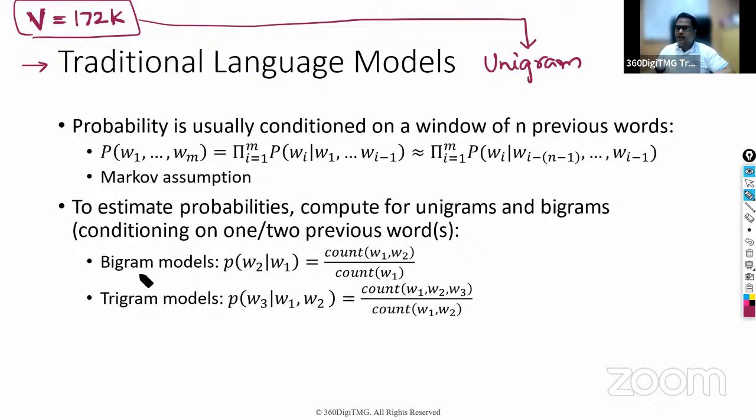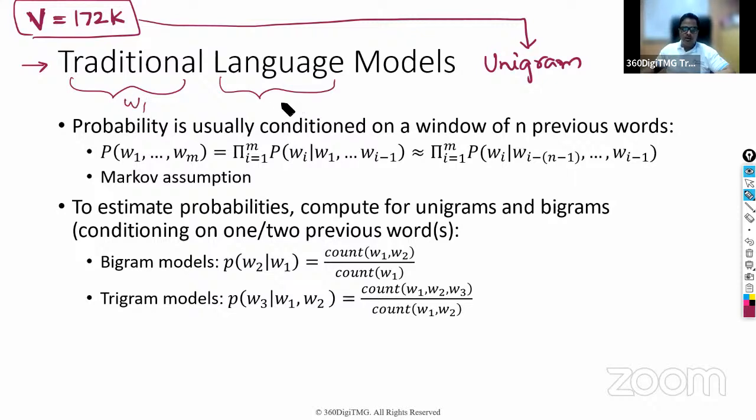And then we also have a bigram model. Bigram means two words. The way it is calculated is using a probability score, right? For example, what is the probability that we'll have the word "language" given that "traditional" has already occurred?